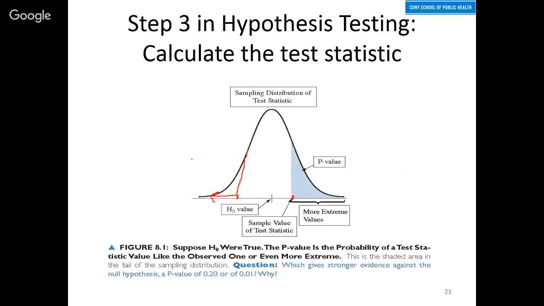Even if you knew your intervention couldn't make things worse, it would still be problematic to use a one-tailed test. If you use the one-tailed test, it means that if you have an extreme sample on that worsening side, you would not reject the null hypothesis.